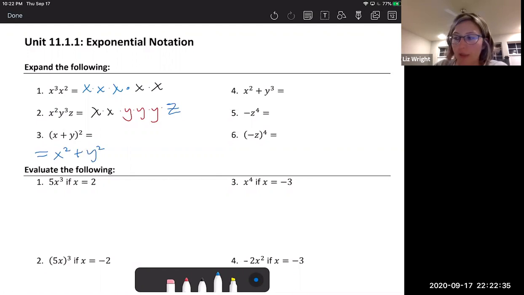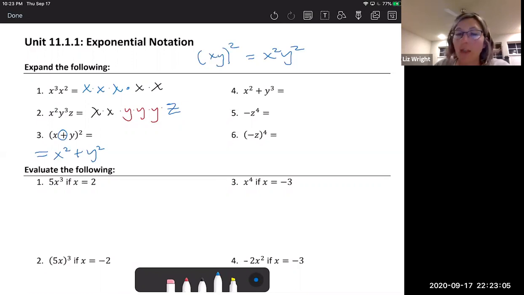They'll just try to distribute that 2 across, and you can't distribute it across when we have addition or subtraction going on in between those terms inside the parentheses. You can only do it if you had something like xy and we're squaring it, then you can definitely distribute that exponent of 2 in and get x squared y squared. That's okay, but not ever when it's addition or subtraction.